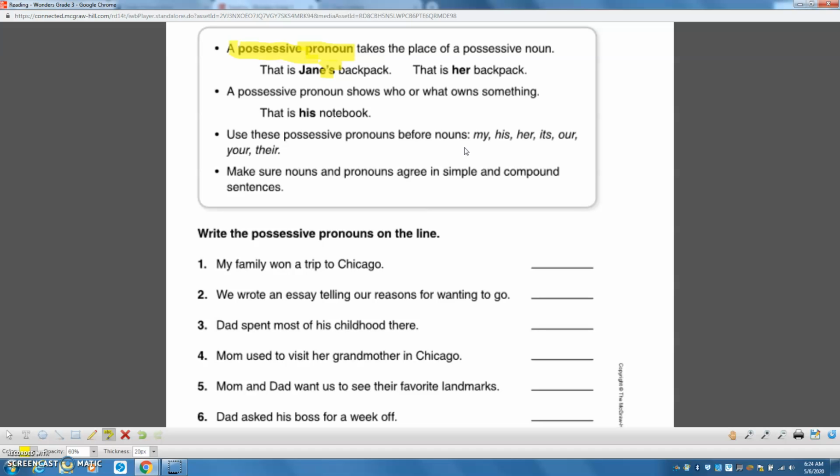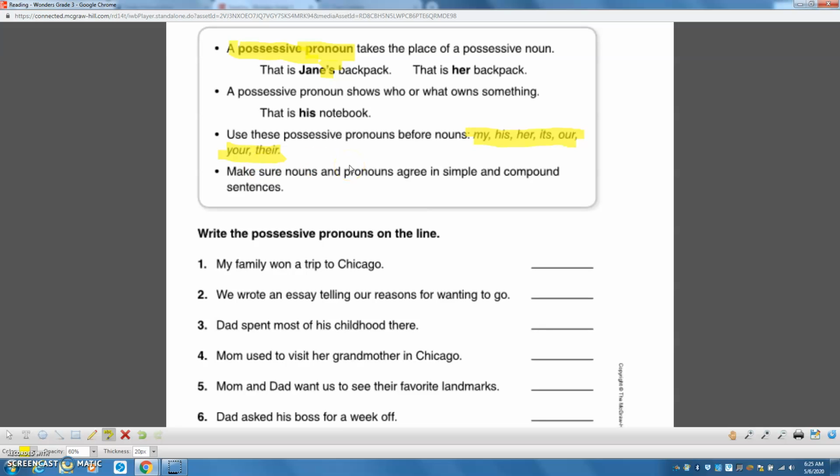But in order to make it possessive, to show that something is owned by somebody or it belongs to something, then we would use these pronouns: my, his, her, its, our, your, and their. Okay, so instead of the ones that we used before, I, he, she, it, and then our plural ones like them, we, us, these are the ones that you would use to show possession.